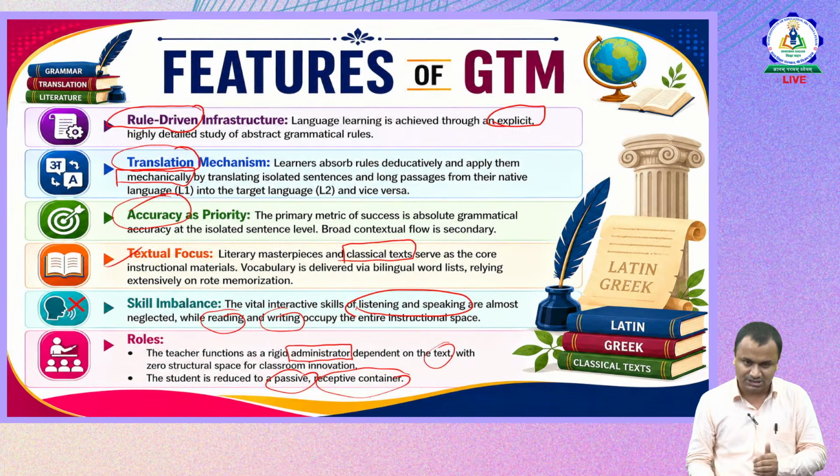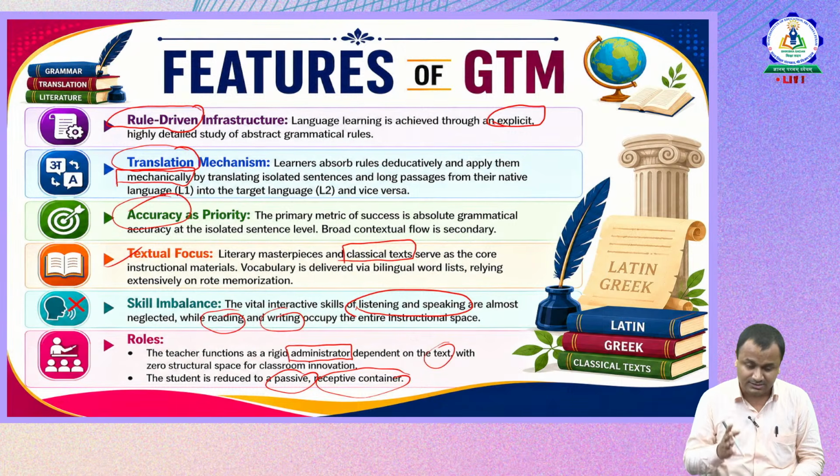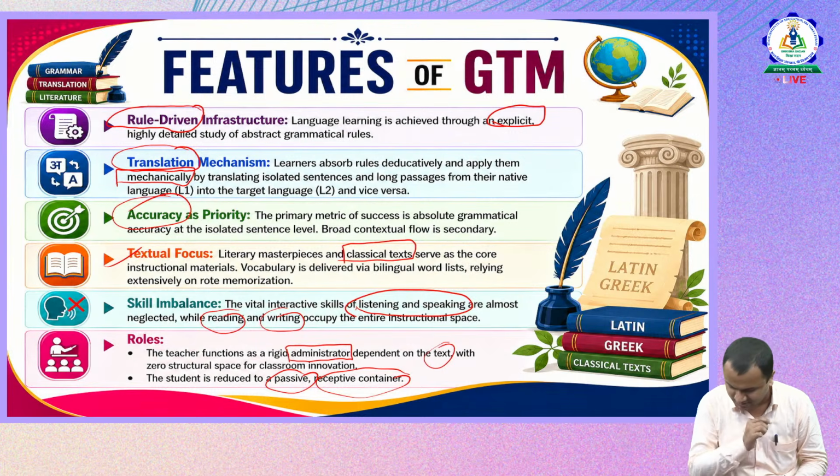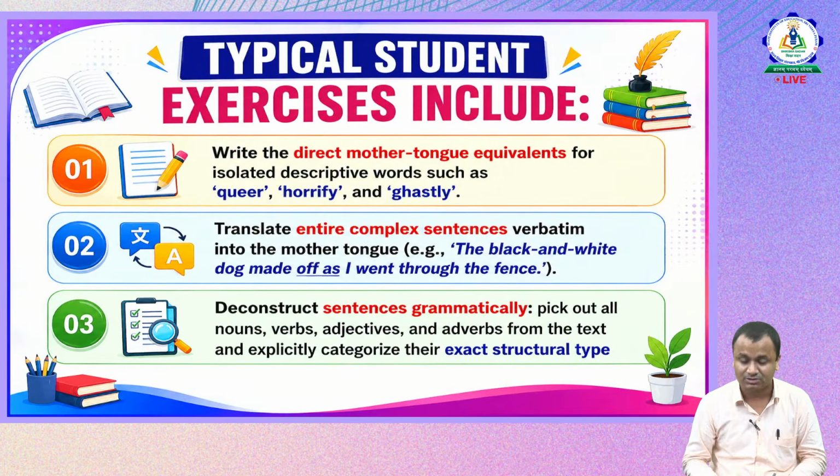And when we see that teacher is administering the lecture, is delivering the lecture, focusing on the grammar, focusing on the structure, focusing on the translation, and the student is just sitting as a passive receiver and just writing down and mugging up, or memorizing the things, we say that that particular class is being delivered through grammar translation method. These are the features of GTM, grammar translation method.